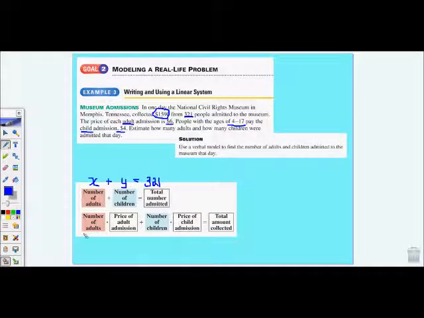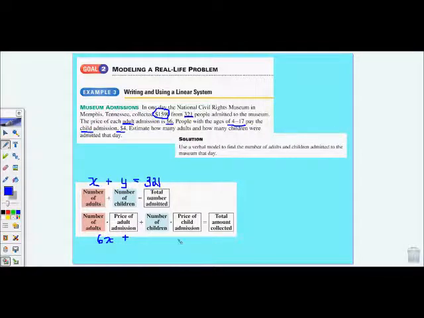As we look at the next one, again, we do not know our number of adults, but we do know the price of admission. Price of admission for adults was $6. Even though this is written this way, I'm going to write my coefficient first, and we still do not know this one, so this one would be 6x.